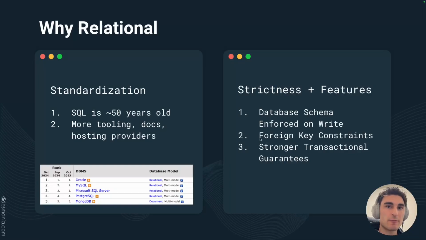You also get foreign key constraints, which we will cover later in this video, and relational databases allow you to have strong transactional guarantees, which we'll cover in a couple lectures from now. But we'll revisit this idea of why we're choosing a relational database a couple more times over the next few lectures.